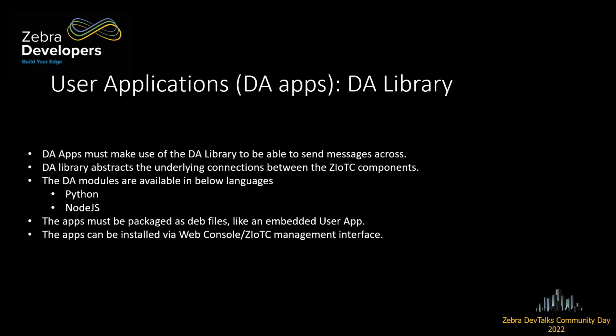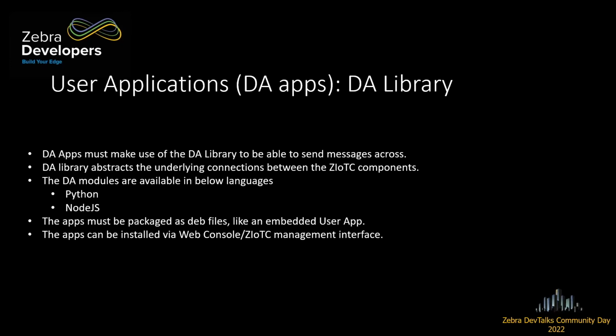So once the analytics script is written either in Python or Node.js, and it has imported the DA library, and it knows how to transform the data, all the logic is written, the analytics script must be packaged and installed on the reader. This will be very similar to how the other embedded user apps will be installed. So it needs to be packaged in a Debian format, similar to other embedded applications.